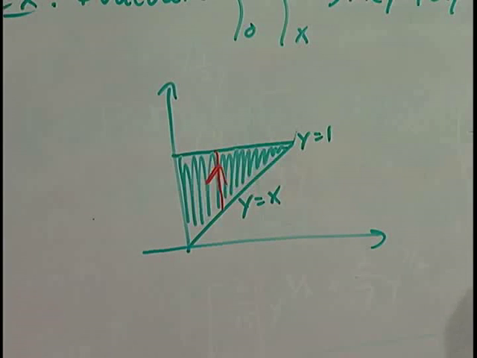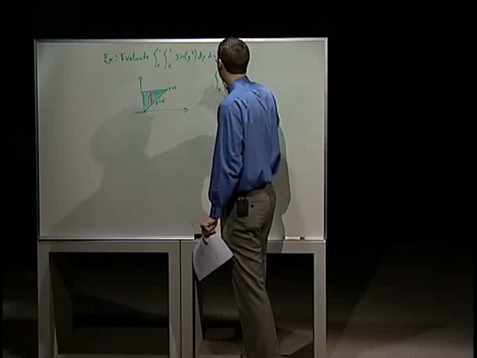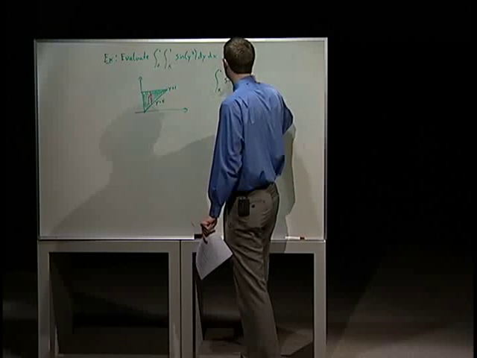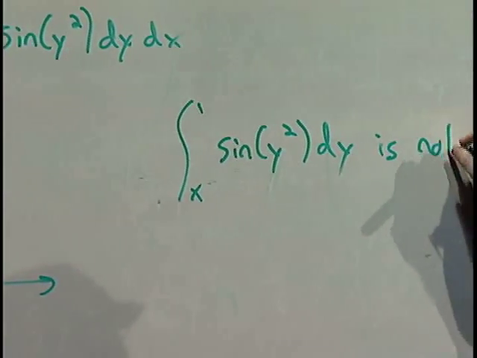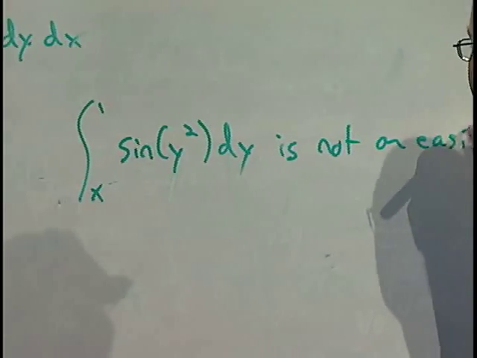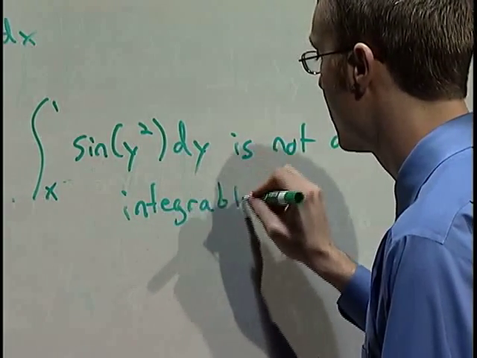So that's no big issue there, and we can see that the x limits of integration here are certainly 0 to 1. But the problem is integrating sine y squared. The integral of sine y squared dy is not an easily integrable function.